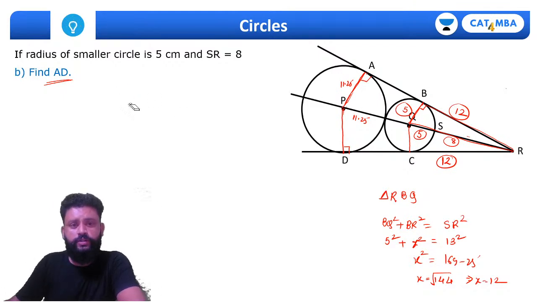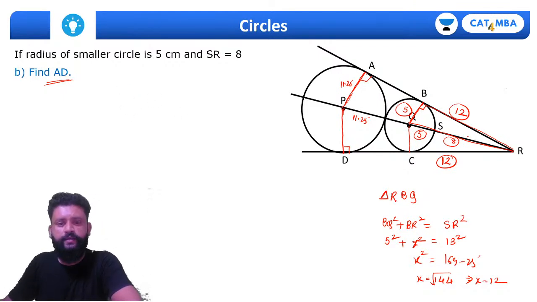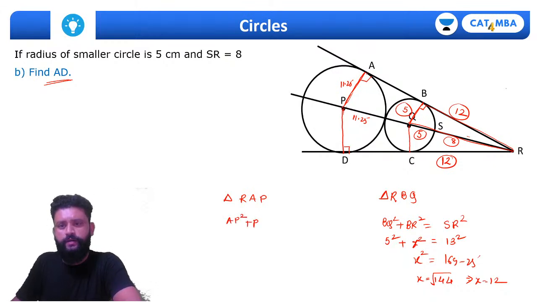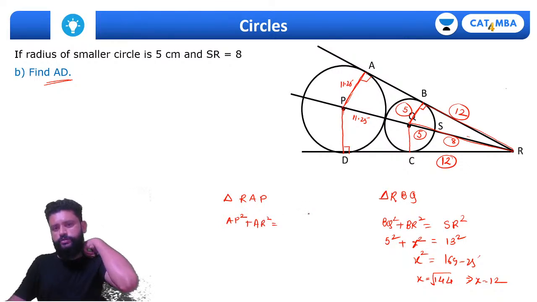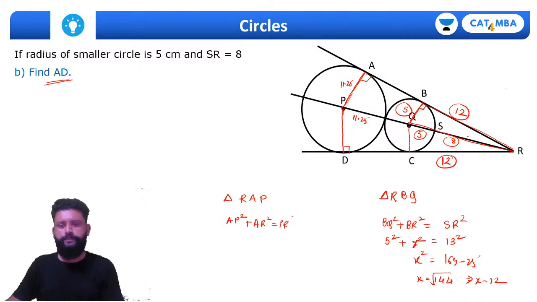Okay, so the same way, in triangle RAP, we'll use the Pythagoras theorem. AP square plus AR square has to be equal to PR square.